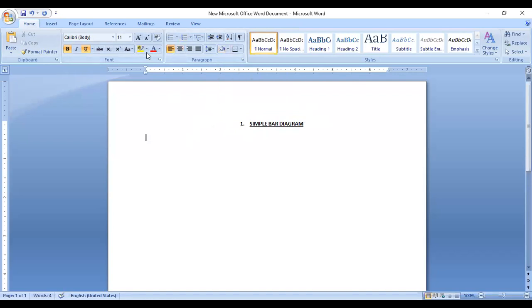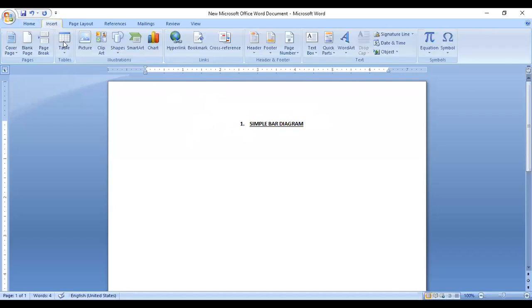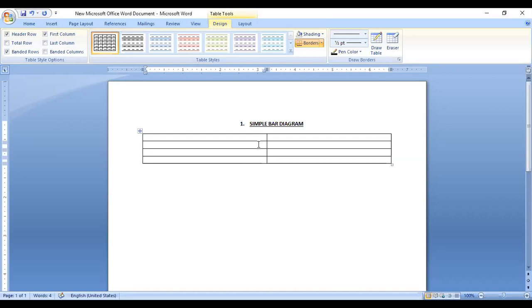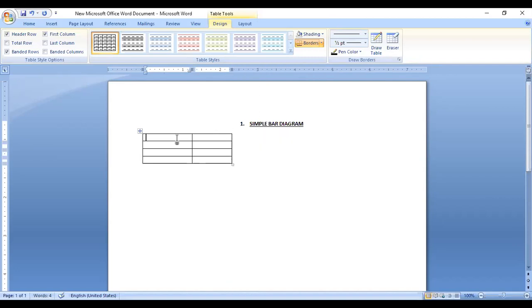Now let us take for example. This is the data for which we have to draw simple bar diagram.